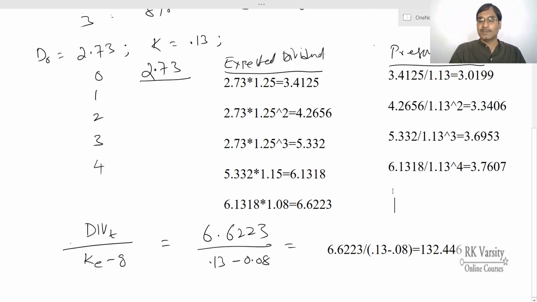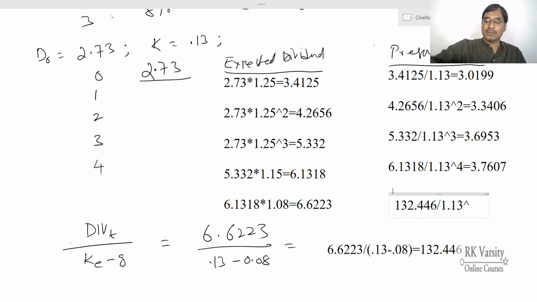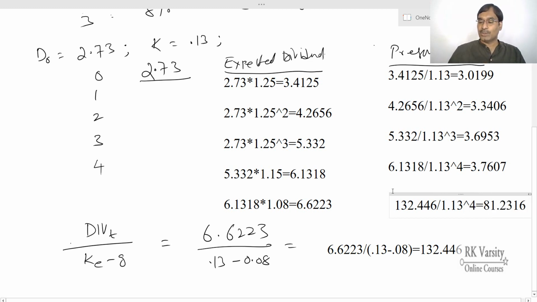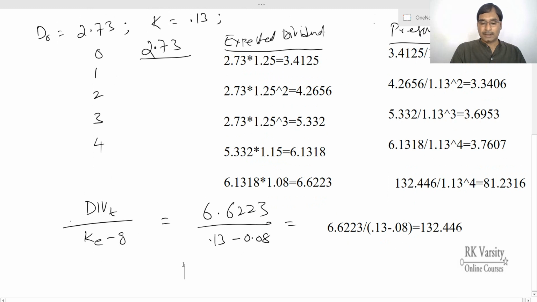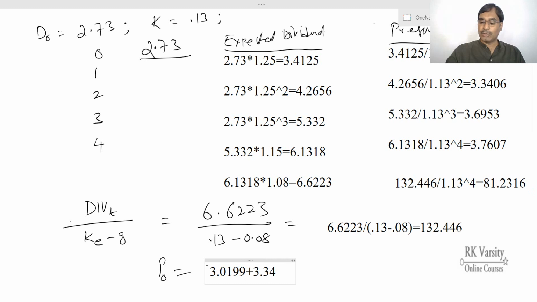Now we discount the terminal value here. There is 132.446 upon 1.13 raised to the power of 4. So this equals 81.23. Then your present value of stock or intrinsic value equals 3.0199 plus 3.3406 plus 3.6953 plus 3.7607 plus 81.2316.